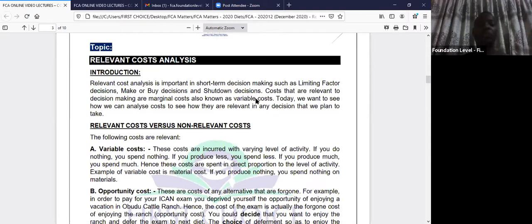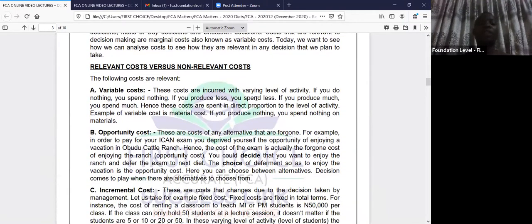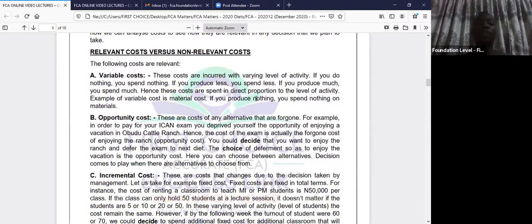Okay, so now let's look at relevant cost versus non-relevant costs. Like we said before, relevant costs are important for decision making. Non-relevant costs cannot be used for making decisions. Now, the following costs are relevant. We have variable costs.